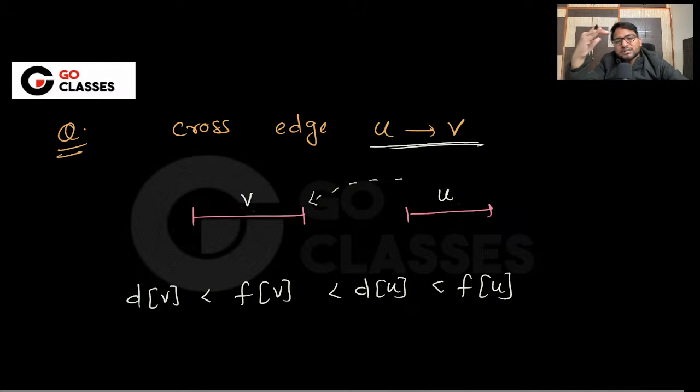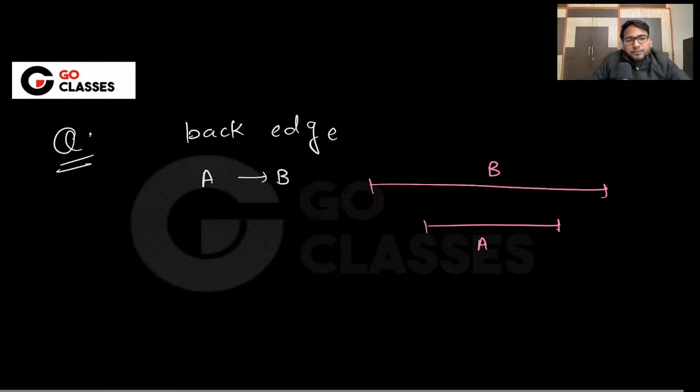So for the cross edge, if U to V is a cross edge, then you must be having this kind of relationship. Let me just summarize. For the back edge, let's suppose A to B is a back edge. Then what is the relationship? If A to B is a back edge, then A must be the descendant and B must be the ancestor.